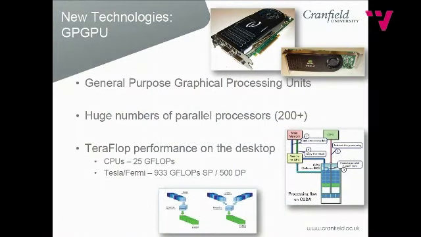So programming for CPUs then is one aspect, and another aspect of what we do is harnessing new technologies such as graphical processing units. And we use these hardware architectures to implement general purpose computation. The reason we do that is that graphical processing units have huge numbers of parallel processors.